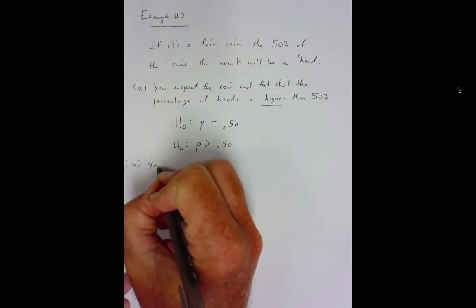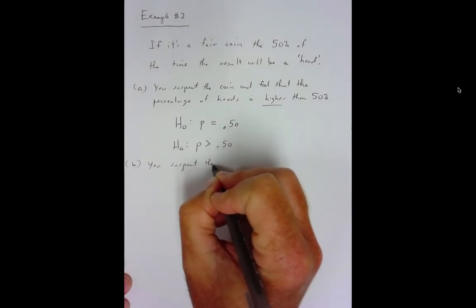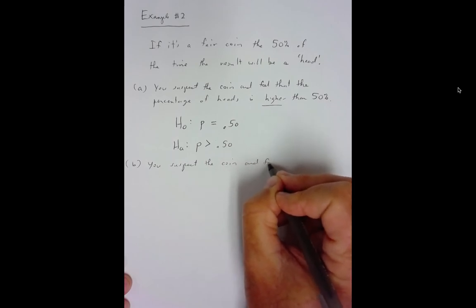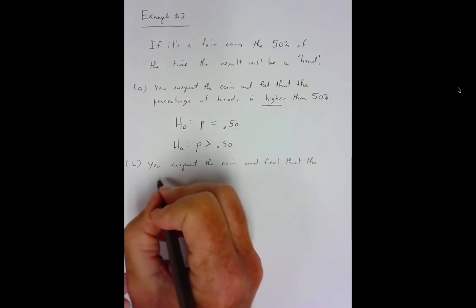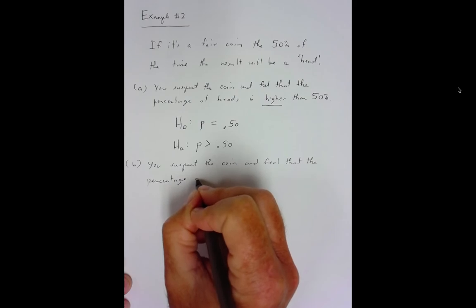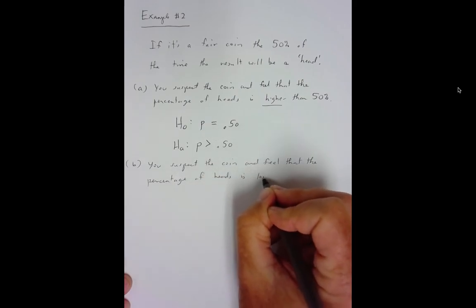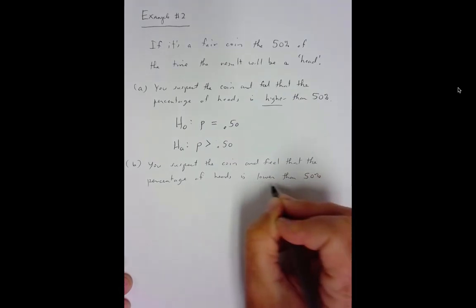B, you suspect the coin and feel that the percentage of heads is lower than 50%.